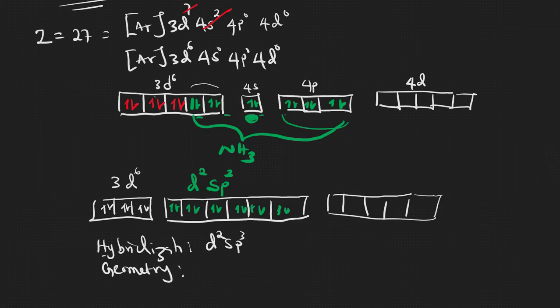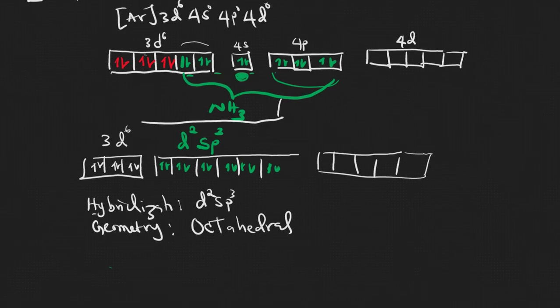Geometry is going to be still octahedral. And lastly, what do we think is going to be the magnetic nature?